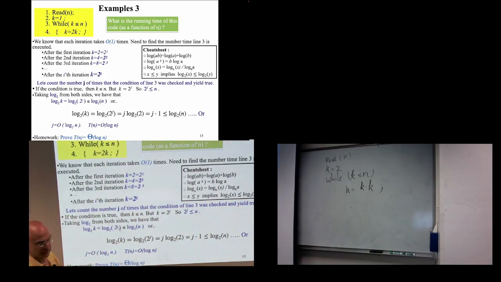So instead of 2 times k, I'll write k times k. Take 2 to 3 minutes, it's not easy, but what is the running time of this algorithm?